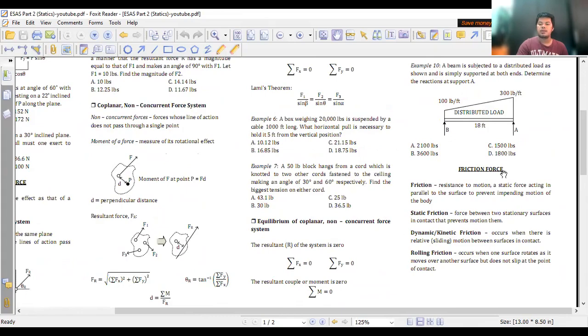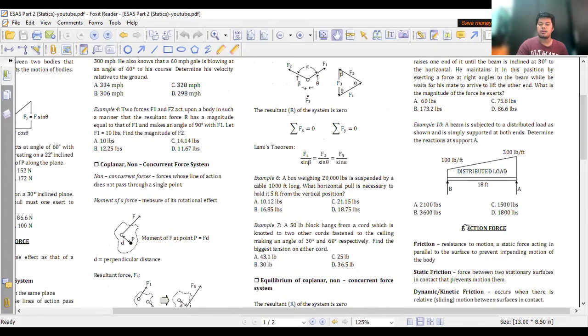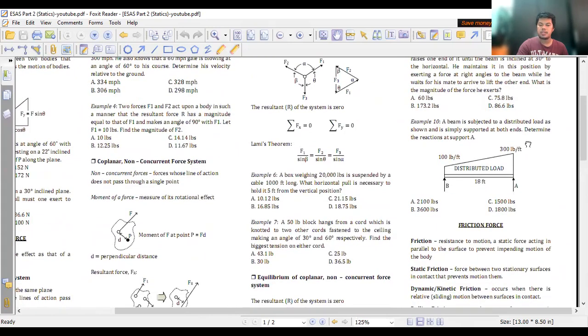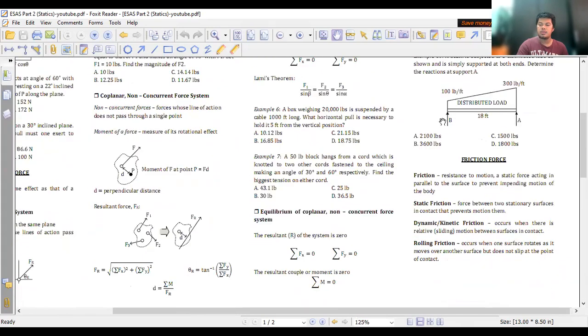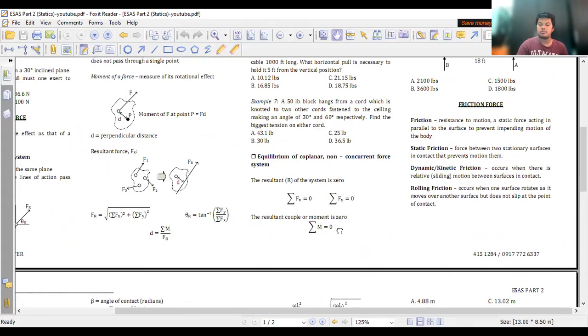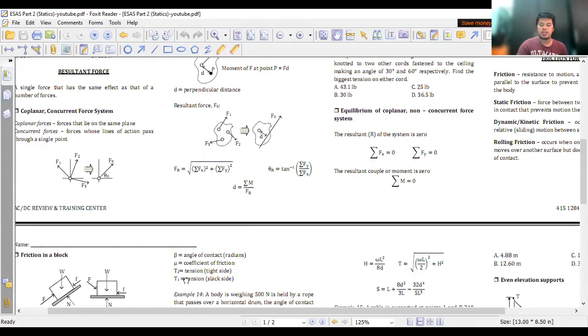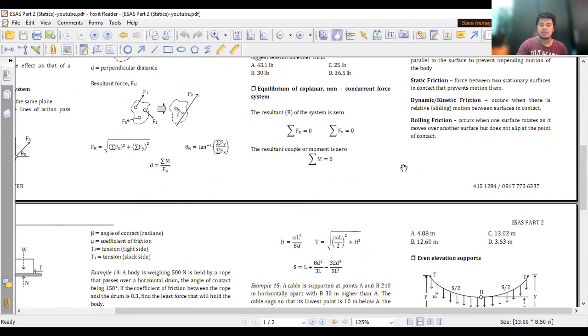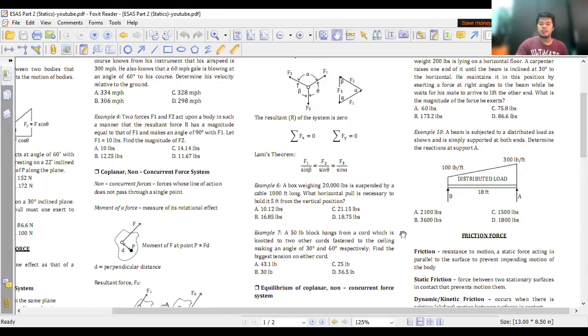And then we have 5 examples for the topic. Then we'll proceed to another topic in statics.